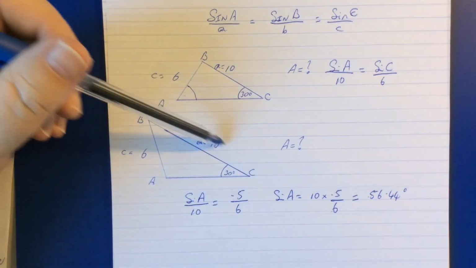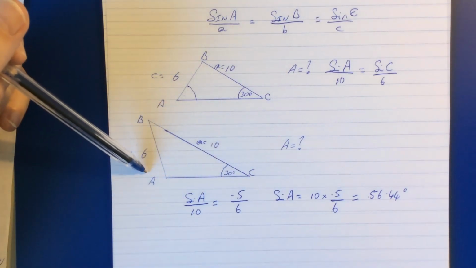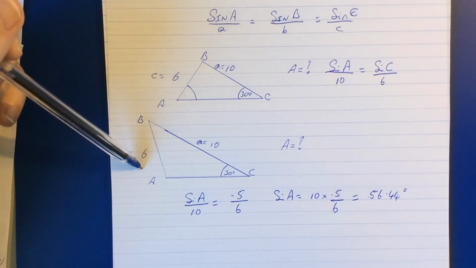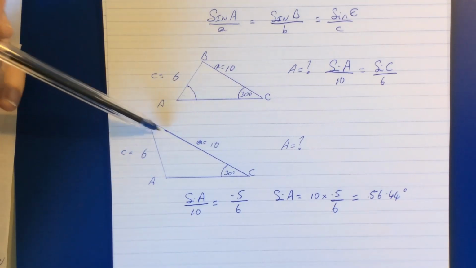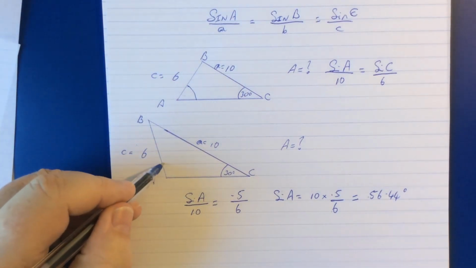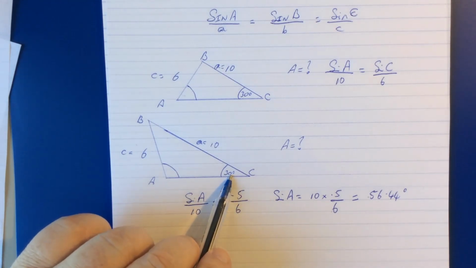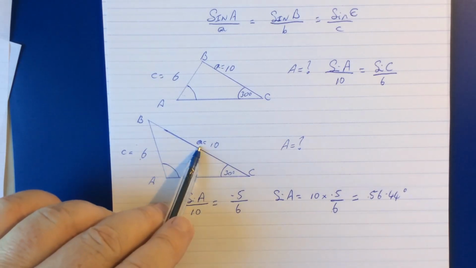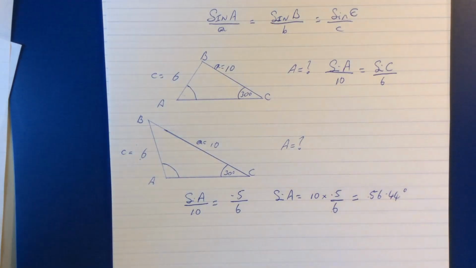Now, I want you to focus on this calculation here, what we do for this. Now, this is a perfectly believable triangle. We are looking for A. The angle C is 30 degrees. The length C is 6, and the length A is 10. This is all quite believable.